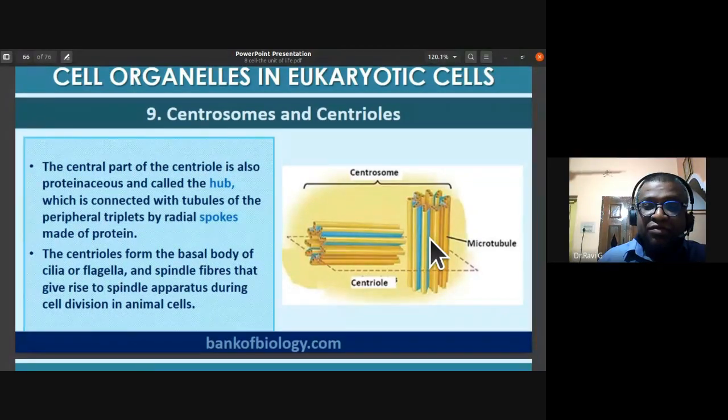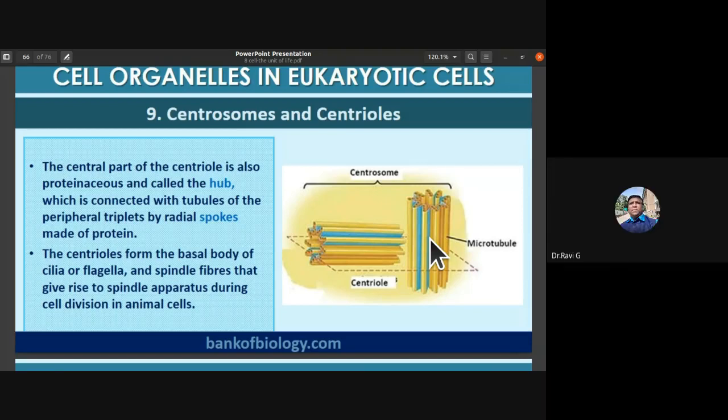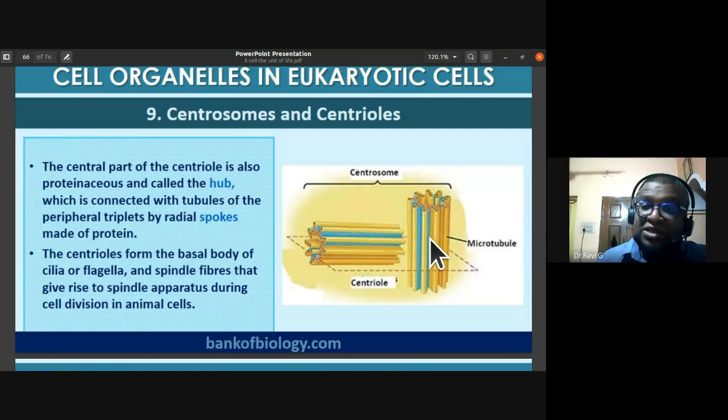I have already told you the basal body is made up of centrioles. The centrioles also form the asters and the spindle fibers that give rise to the spindle apparatus during cell division in animal cells.